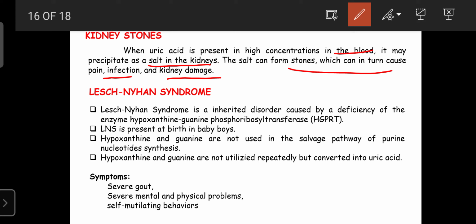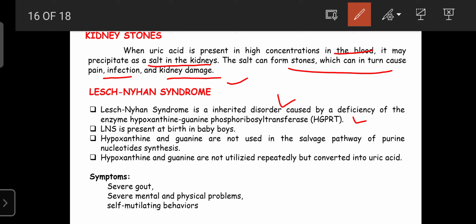Next one is Lesch-Nyhan syndrome. It is a genetic disorder that occurs due to deficiency of the HGPRT enzyme, that is hypoxanthine guanine phosphoribosyl transferase enzyme. This enzyme is required for the synthesis of purine by the salvage pathway.